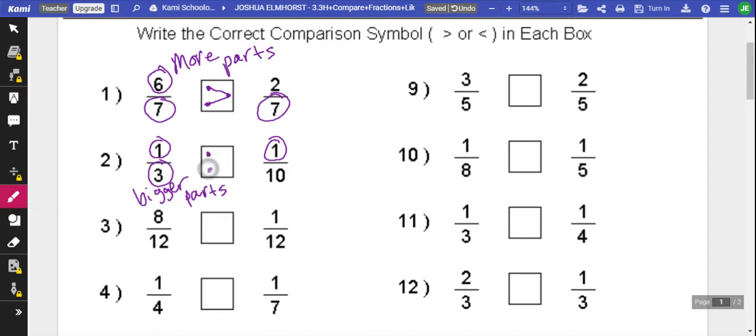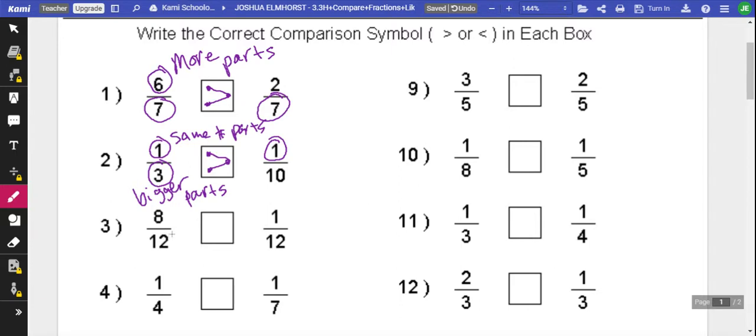So we got 2 dots here and then 1 dot by the other side. So when the numerators are the same, it's the same number of parts, but this one is bigger on the other side.